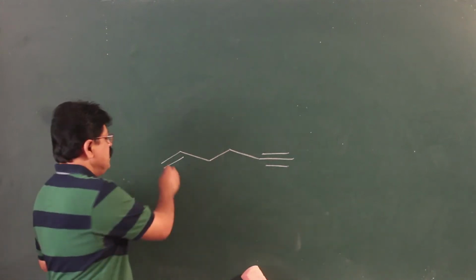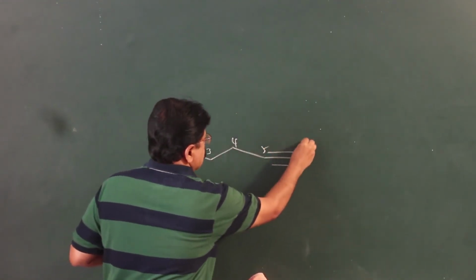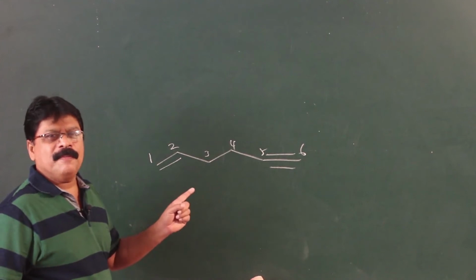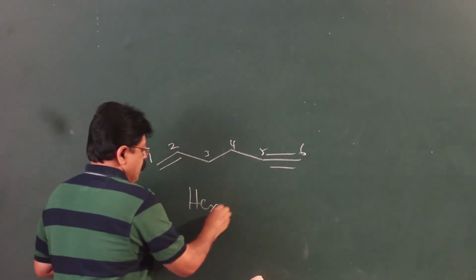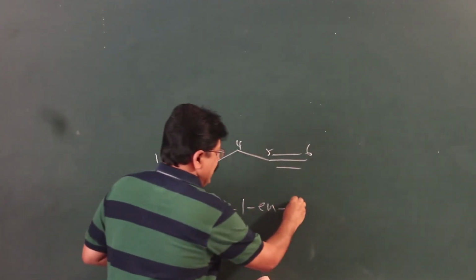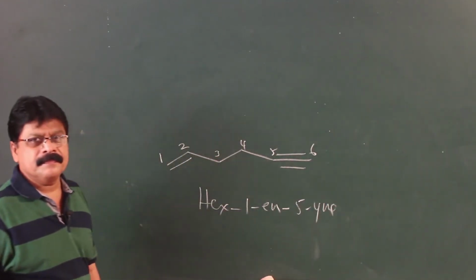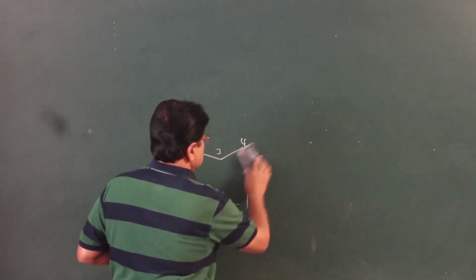E. So, we start putting numbers like this. So, this compound will be an hex, which has an ene, and at 5 it has an yne. So, this is another interesting example.